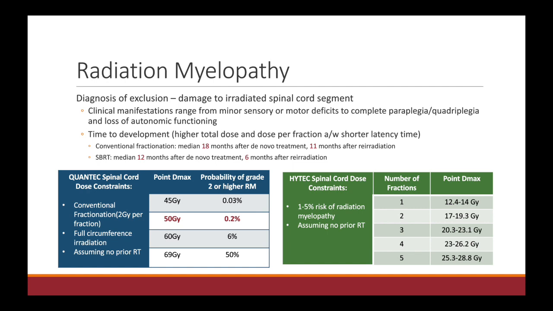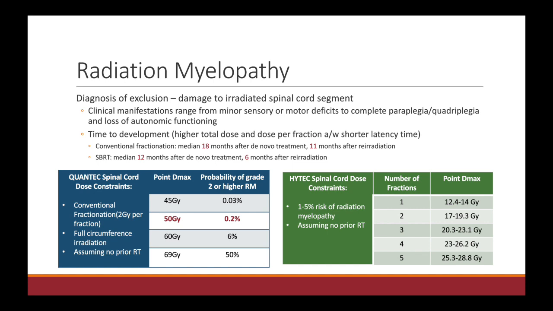To prevent radiation myelopathy, what we try to do is keep the dose to our spinal cord, the point dose to our spinal cord, below a certain threshold. So the Quantec dose constraints are a set of dose constraints that tell us the risk of certain toxicities when we use conventional fractionation, or 2 gray per fraction.